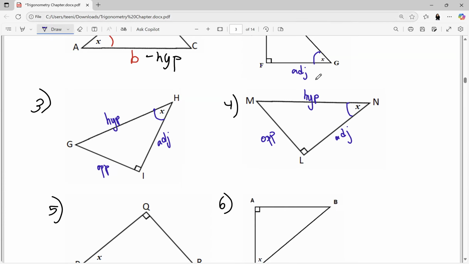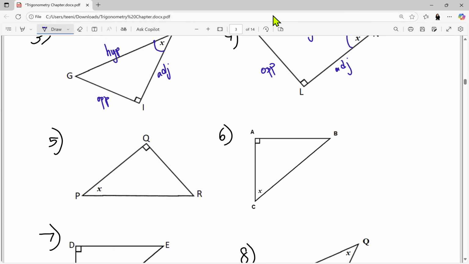Thank you. Who do we have? Joshua. Yes, Joshua, please. In number five, which side is the hypotenuse? PQ. No, actually, it's PR, because your right angle is here. So the side opposite the right angle will be PR.